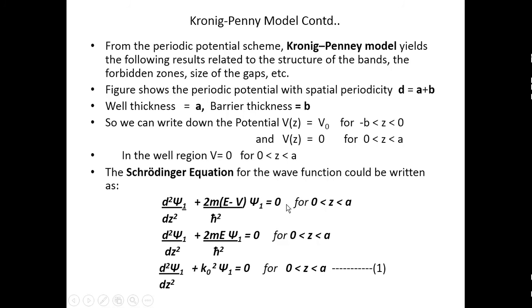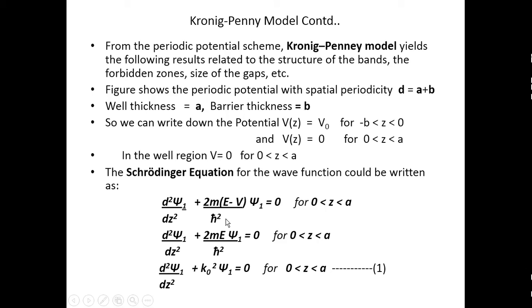So that is the wave equation, that is the Schrodinger equation for the wave function, and this can be written like this: d square psi 1 by dz square plus 2mE psi 1 by h cut square is equal to 0, because here in the well region, 0 less than z less than a, the voltage V(z) is equal to 0, that we have seen.